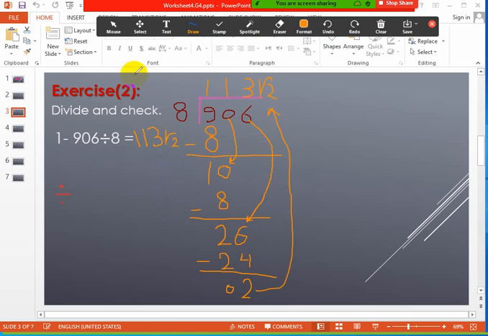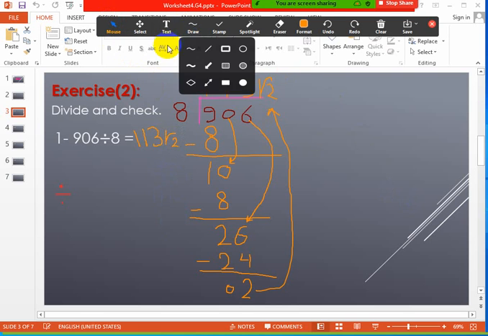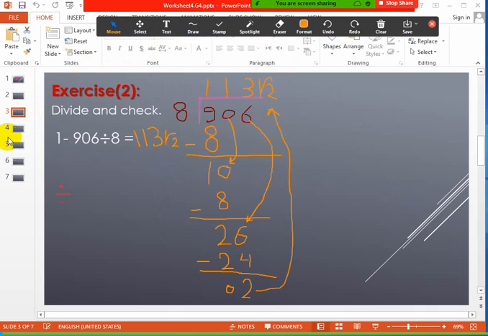Okay, did you finish, girls? If you finish, please type 1 in the chat. Okay. Now let's move to the next exercise, which is exercise 3.